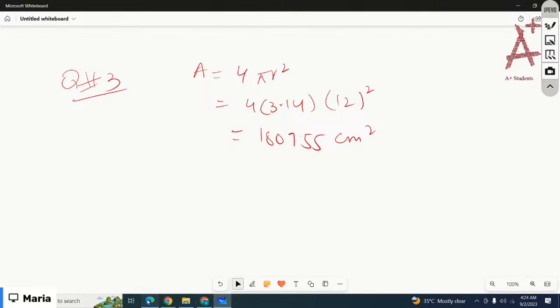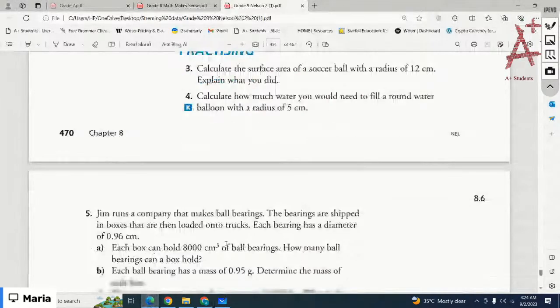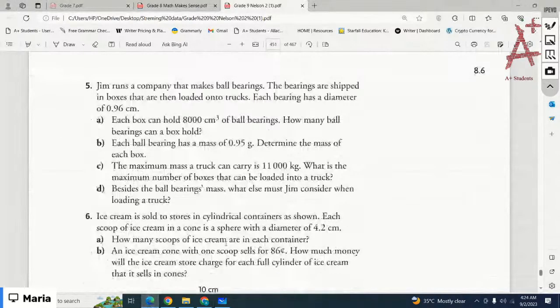Okay, the next one is question number 5. Jim runs a company that makes ball bearings. The bearings are shipped in boxes that are then loaded onto the trucks. Each bearing has a diameter of 0.96 centimeter.